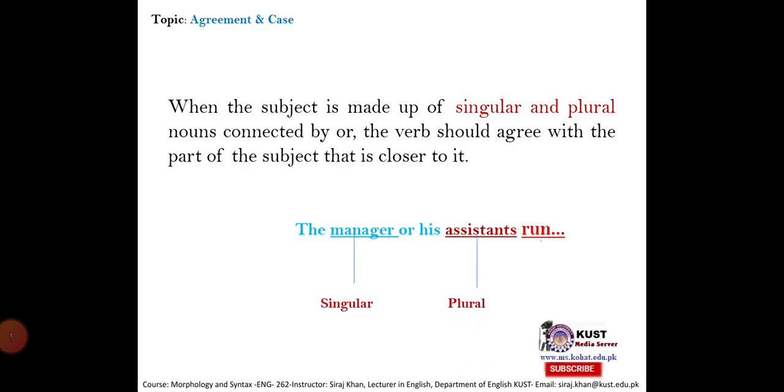So they have taken a plural verb here, because the verb agrees with the closest part of the subject. Here the verb's closest part is assistants, so it takes a plural verb.